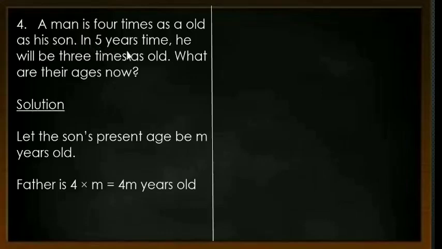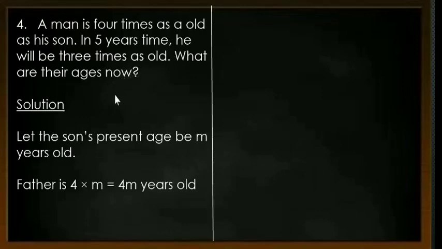We'll be moving to the second part, which says that in 5 years' time, if I am 4 years old now, for example, in 5 years' time, you can guess what will happen to my age. My age would have been 4 plus 5 years old. In other words, I would have been 9 years old. I will be 9 years old in 5 years' time. So the same rule will apply.